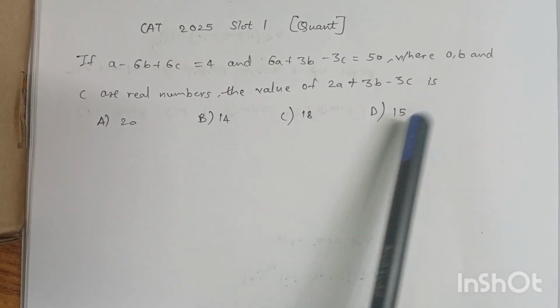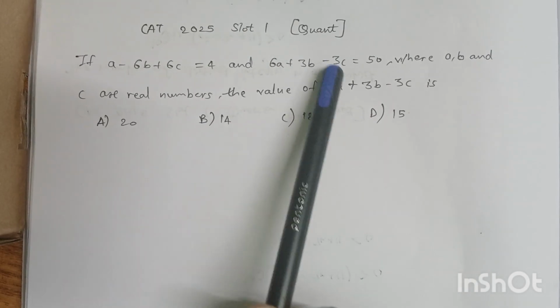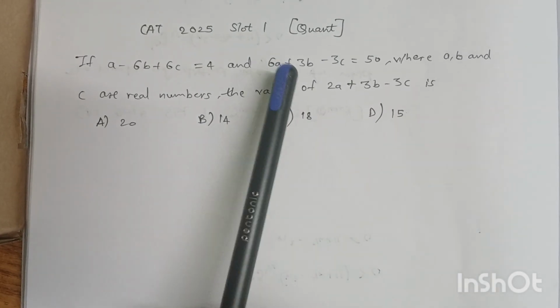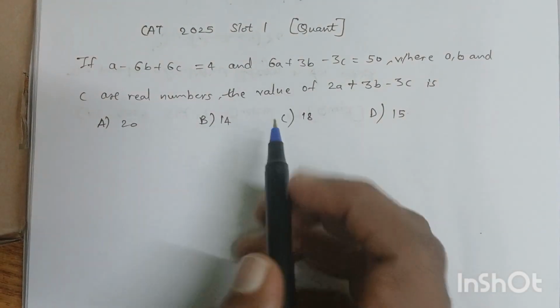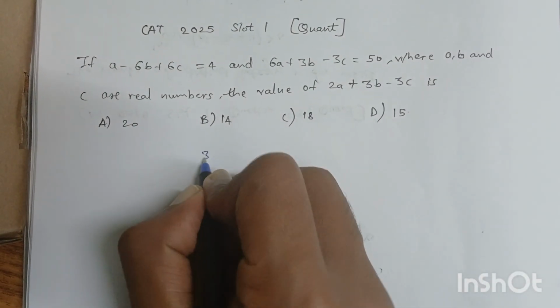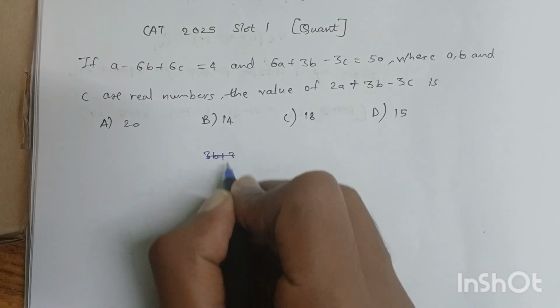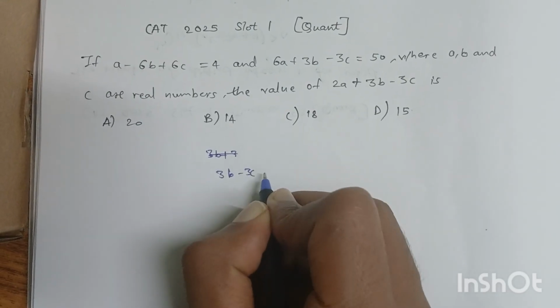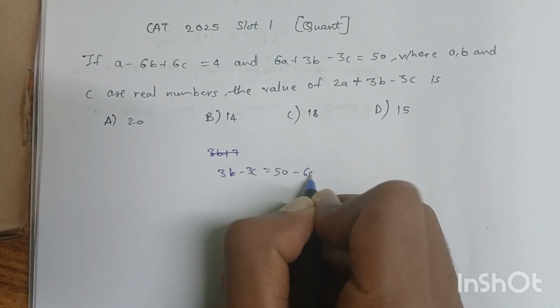Upon observation, one can say that these two terms are common between the equations. Firstly, we take this equation and transform a to the right hand side. So 3b minus 3c becomes 50 minus 6a.